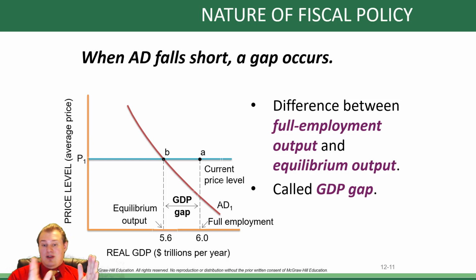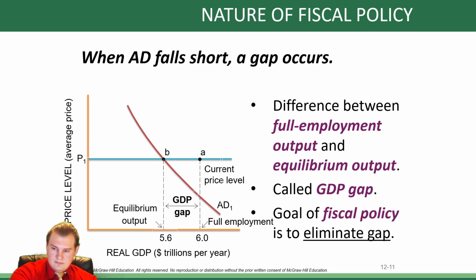But still, if we're looking here, that's 0.4 trillion. Okay, that's $400 billion we could add to the economy by moving that AD a little bit more to where full employment is. Okay, and so basically what they want to do is eliminate that gap. They say, where's full employment? We want to eliminate that gap, but we don't want to go past full employment because then we reach crazy inflation.